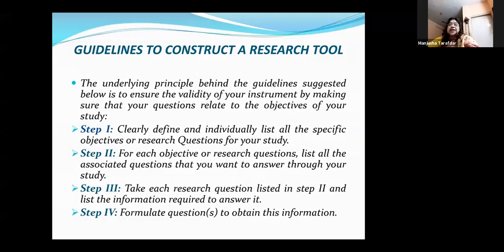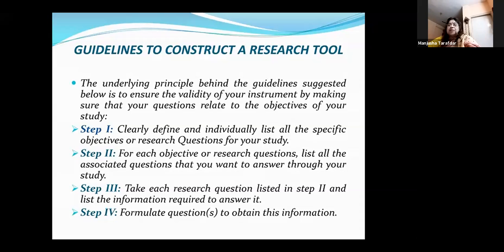The first step is to clearly define and individually list all the specific objectives or research questions for your study. As I told you previously, everything should be dependent on the objectives or research questions of your study.